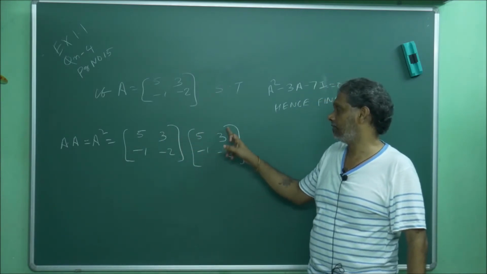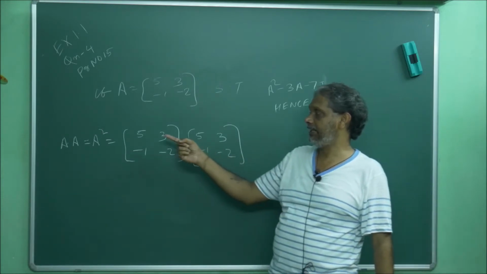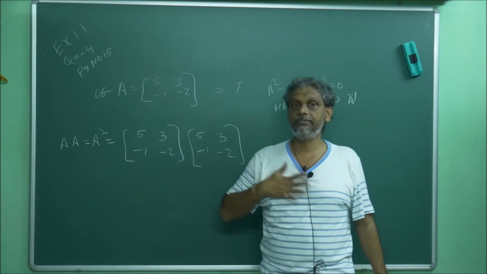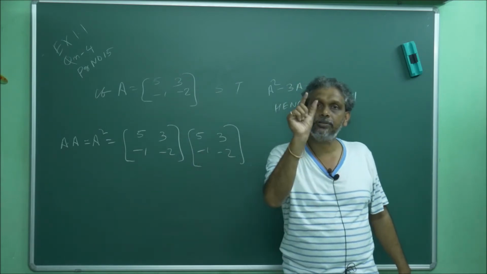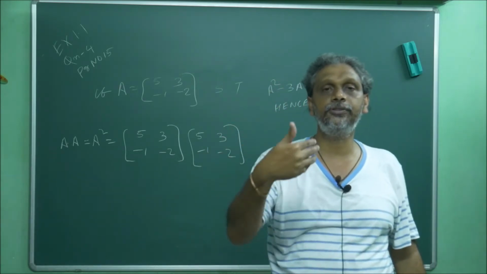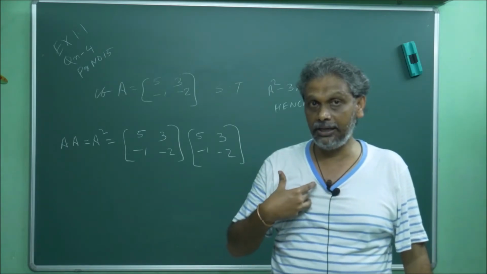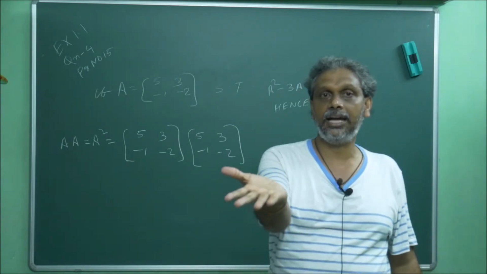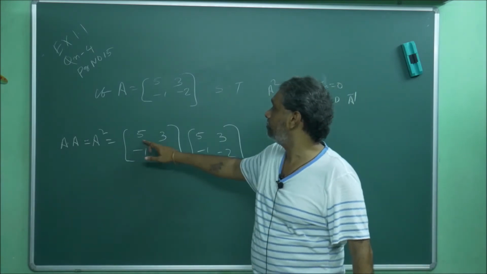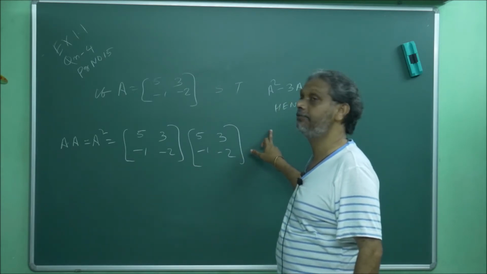Now I am taking first row, first column. That element will sit in the first row, first column. With my mouth I am telling, but everything is available in our hand, just enjoy.